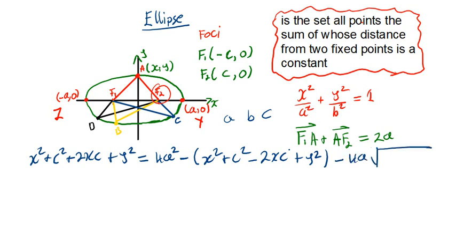It looks like it's inevitable to take the wrong root, huh? So that's x minus c squared plus y squared.